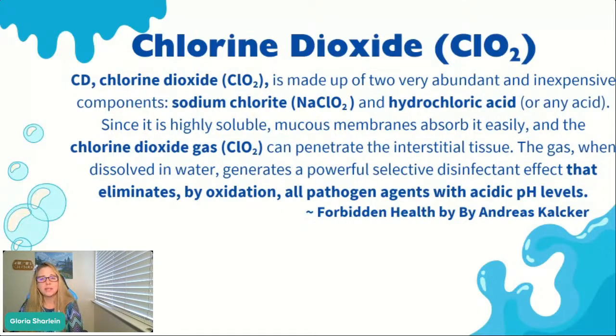The gas, when dissolved in water, generates a powerful selective disinfectant that eliminates by oxidation all pathogen agents with acidic pH levels. And that comes from Dr. Andreas Kalcker's Forbidden Health.